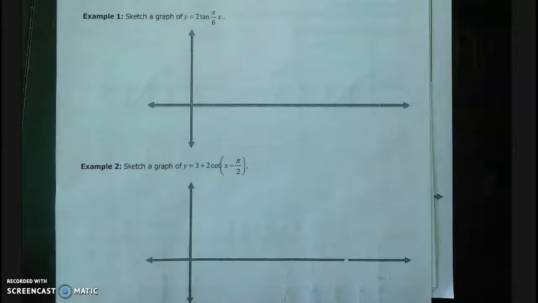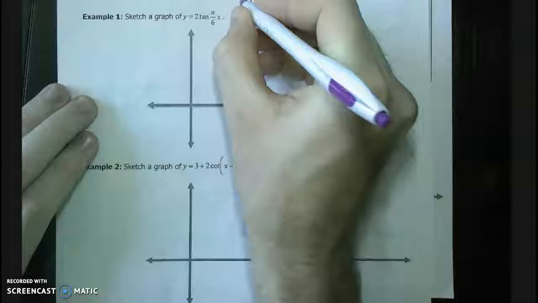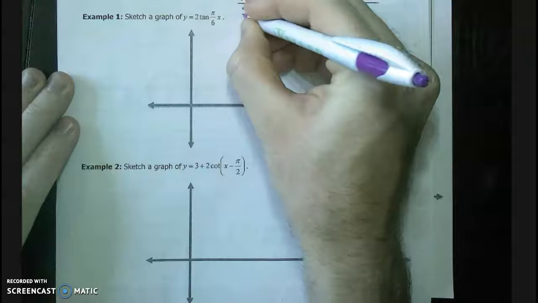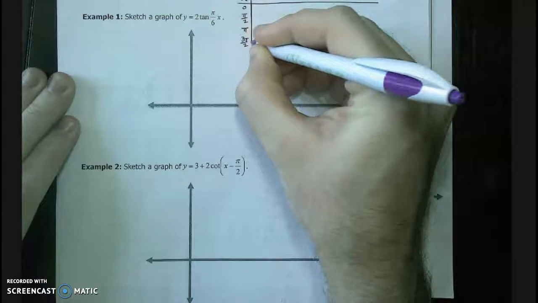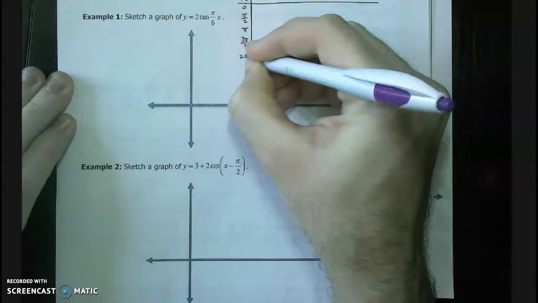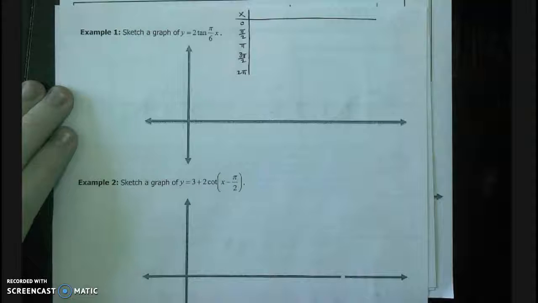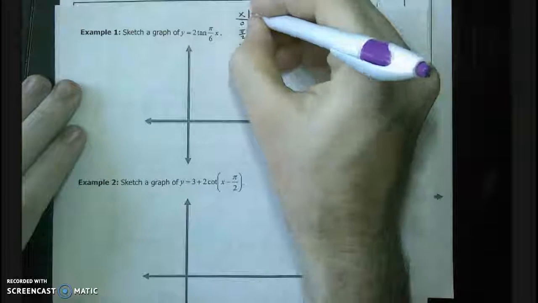Okay, here we're going to start with our table, which has 0, pi over 2, pi, 3 pi over 2, and 2 pi. Then we're going to take those and do the opposite of pi over 6, which is 6 over pi. We're going to multiply by that.